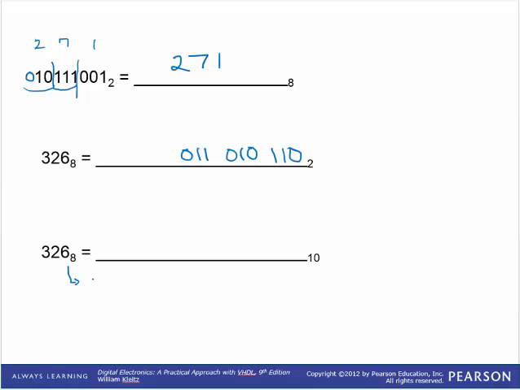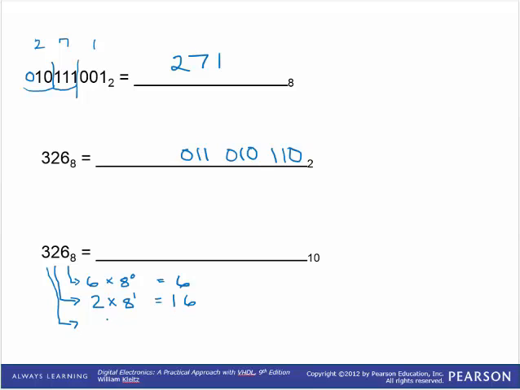So this is 6 times 8 to the 0 power, which is 1. So that's a 6. This one right here is 2 times 8 to the first power. So that's 2 times 8, which is a 16.